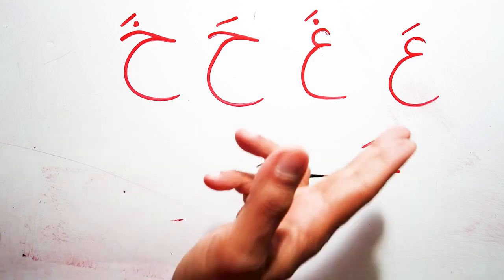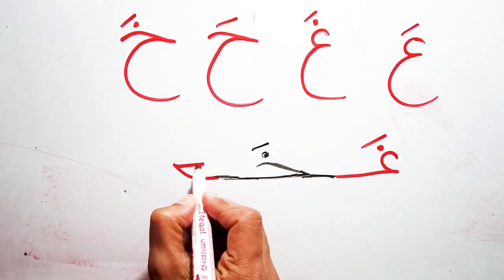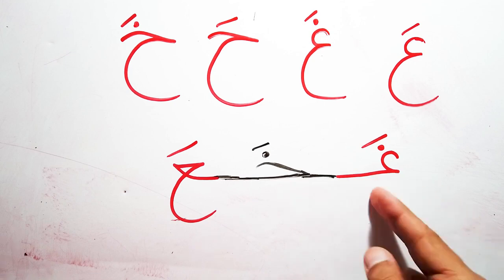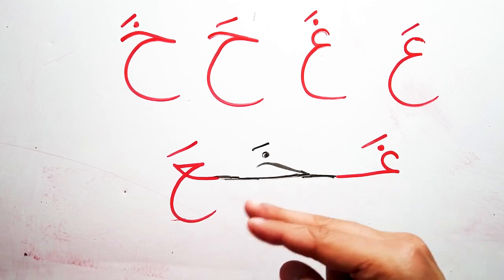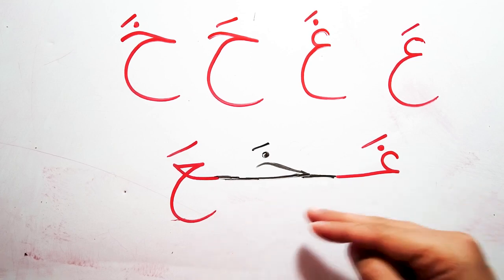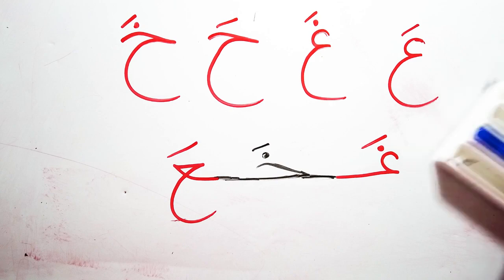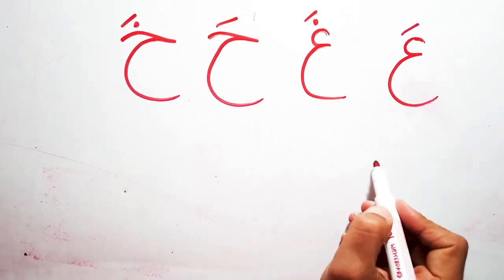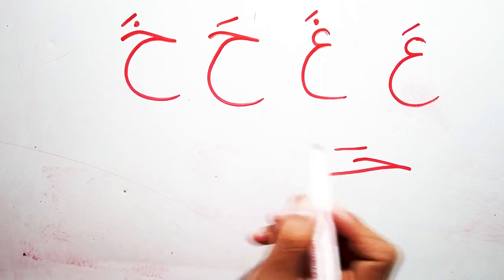And finally, we have a. Okay, the last one is ha. Let's add ha in the beginning of the word. Ha, ha, ha.